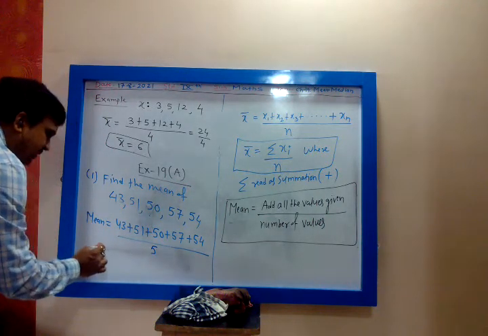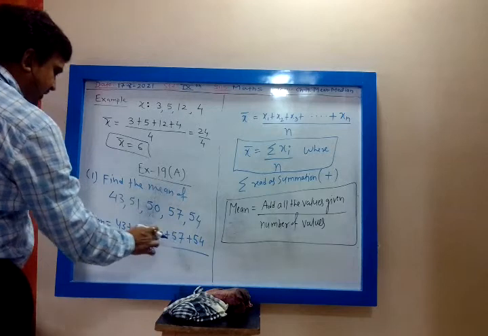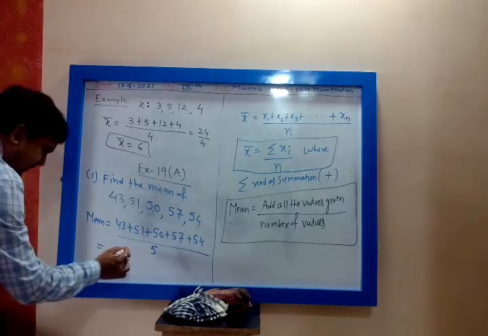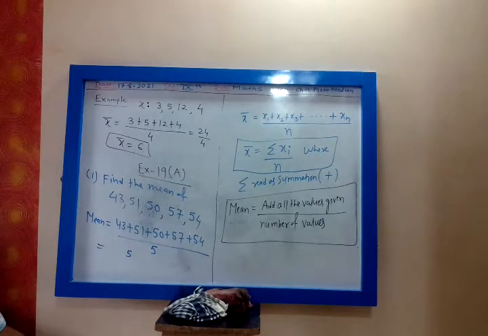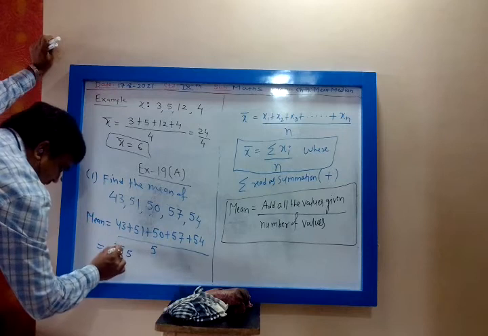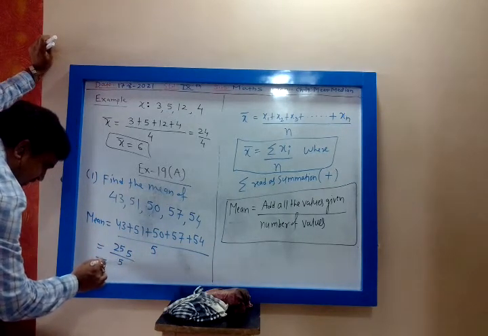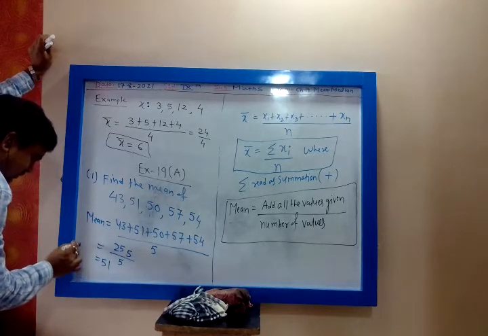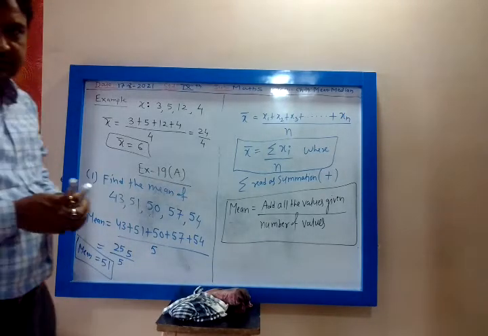Adding all the values gives 255. 255 upon 5, you can cancel: 5 fives are 25, 5 ones are 5. So the mean value is 51.